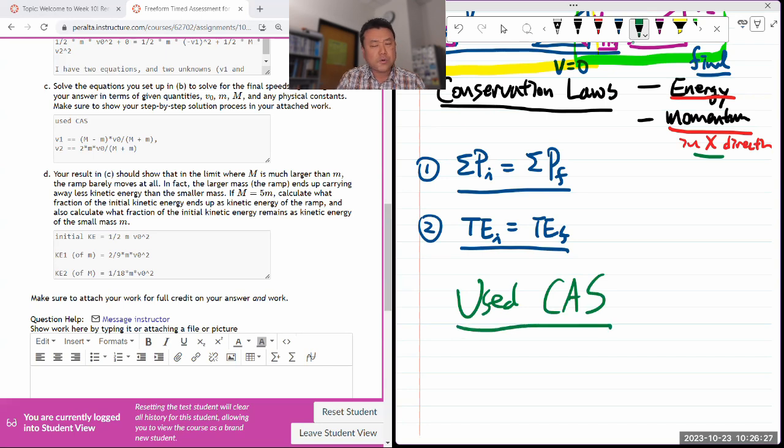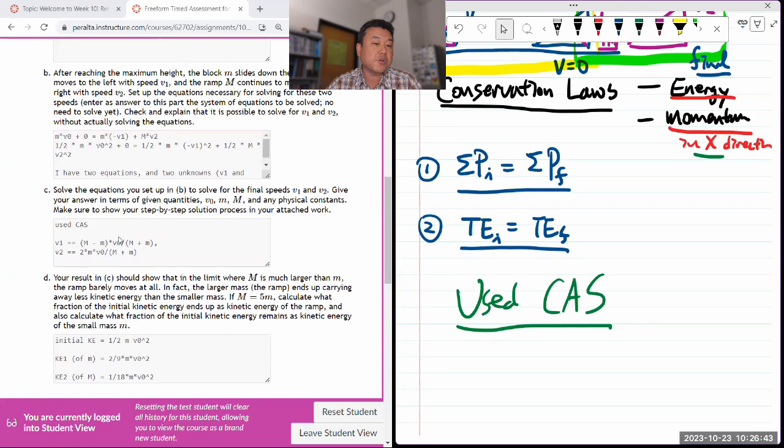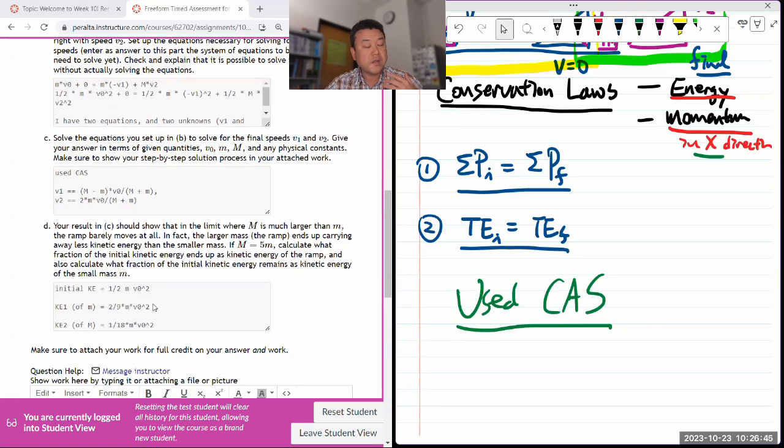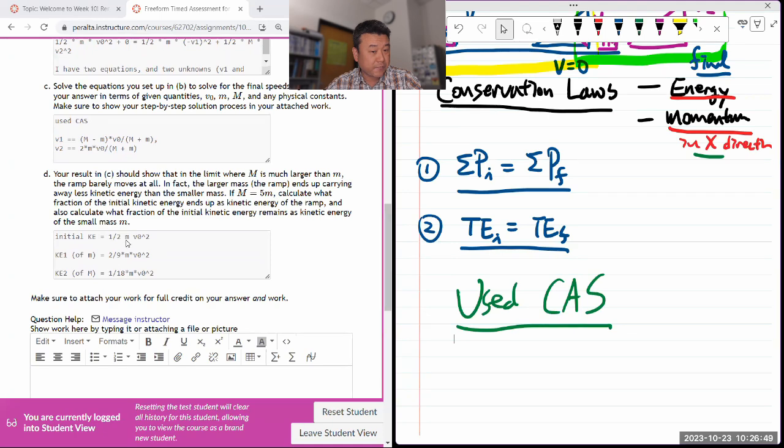And I don't know that a computer algebra system is necessarily a time saver, especially with a tight time limitation like 20 minutes, unless you are already used to using it. My advice is to focus on getting at least some partial answers, some partial response. In fact, in D, I didn't actually fully answer it. I just gave these expressions.